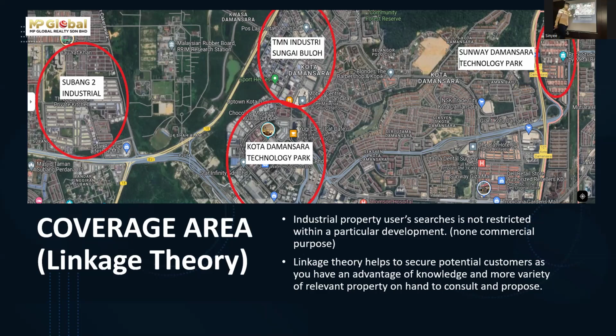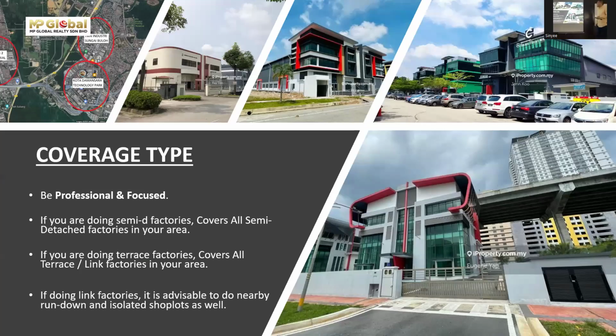Okay, so next one. Coverage type is very important. If let's say you are doing semi factory in a few particular areas, make sure to do all the semi factories as well. If you are doing terrace factory, make sure you do every single area's terrace factory. Don't miss out.